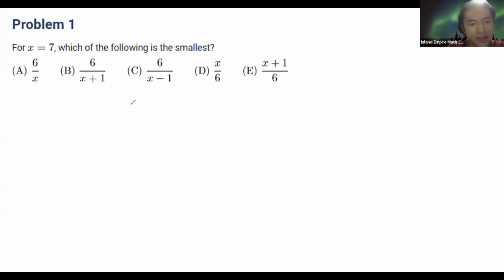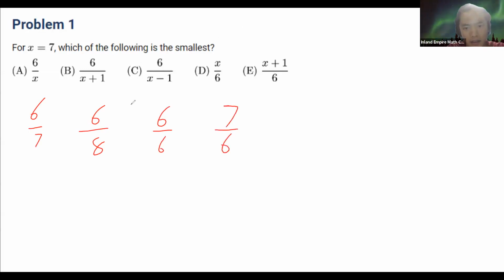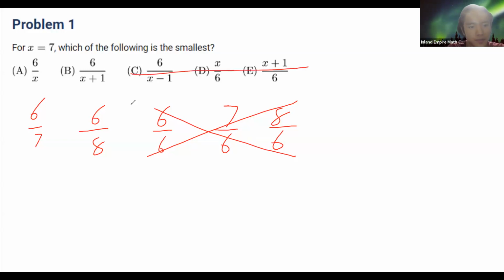So if you check out each of these answer choices individually, you see that A is 6 over 7, B is 6 over 8, C is 6 over 6, D is 7 over 6, and E is 8 over 6. These three automatically cancel because they are greater than or equal to 1, while the other ones are smaller than 1.